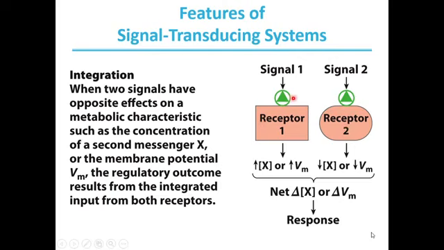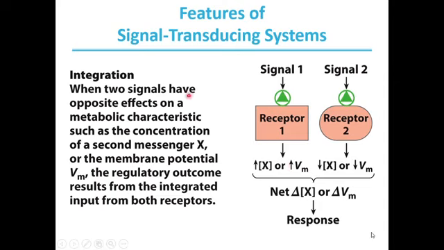Now, when these two signals have opposite effects, for example, one of the signals makes a receptor increase the concentration of a second messenger or increase the membrane potential, whereas the second signal elicits a response by the receptor to decrease the second messenger or decrease the membrane potential.